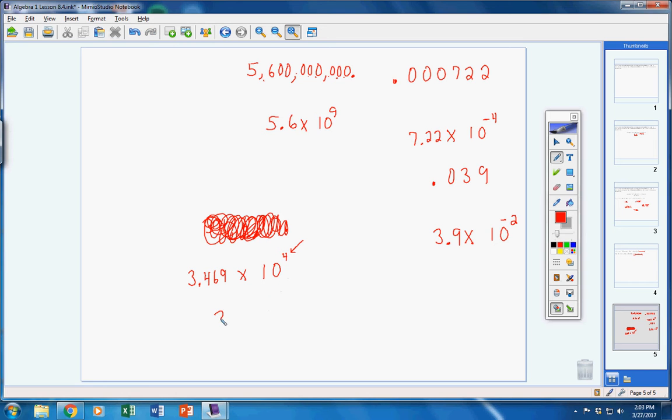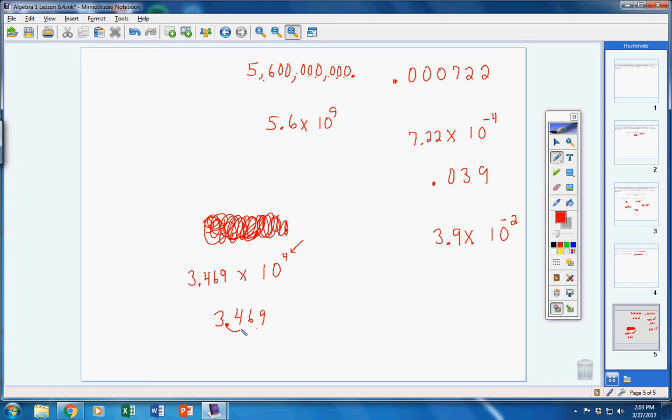So I know I'm going to take 3.469 and I'll move the decimal 4 places. Now you know you're not going to go this way, because if the number would have looked like this, then you would have had a negative exponent if it would have come from the left. We know that's not the case. So we know it came from over here to the right because I have a positive exponent. So I'm going to move this 4 places.